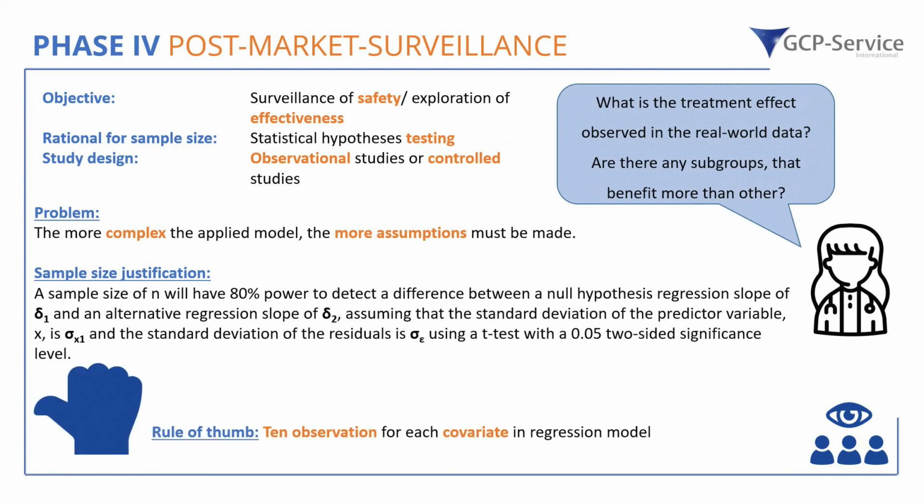But there is this rule of thumb that you need 10 observations for each covariate in a regression model, meaning when you want a linear regression model with 2 covariates, then you need at least 20 patients.